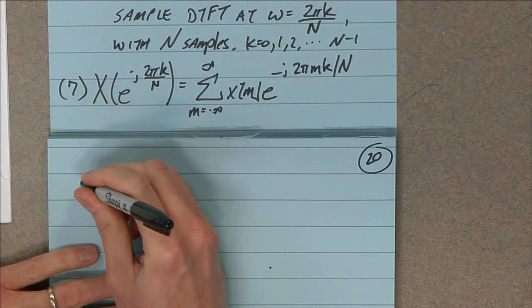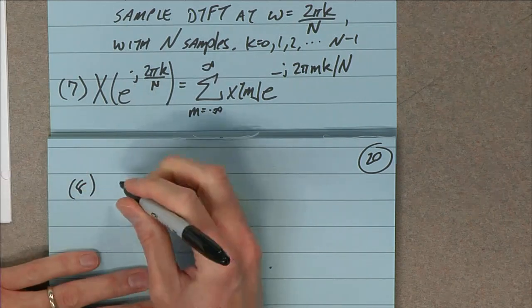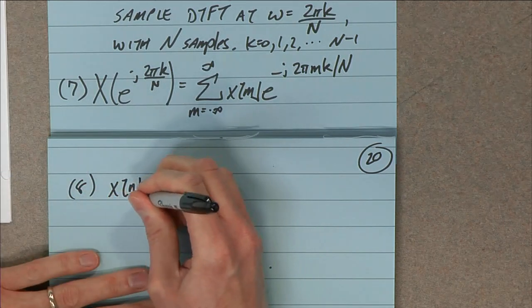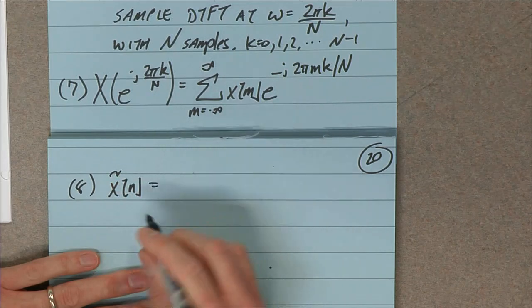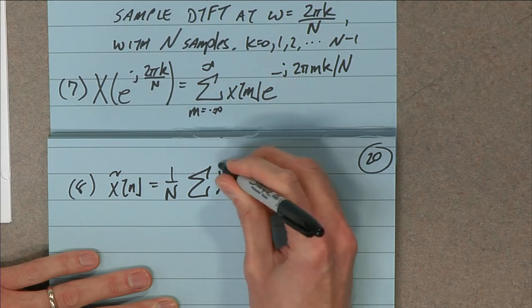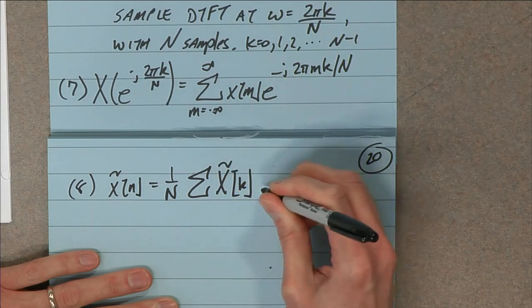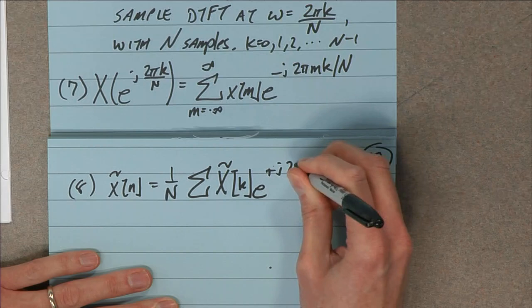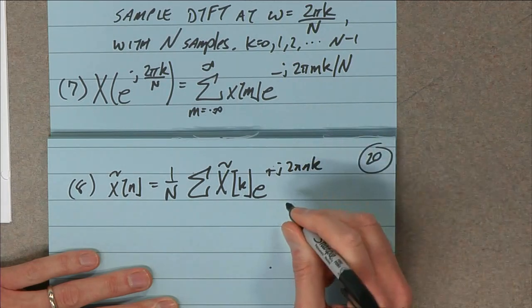So to get back, we're going to apply what? The synthesis equation, right? So what was the synthesis equation? It was saying, well, given this periodic input Fourier series, that's what e to the plus j 2 pi nk, we can go backwards.